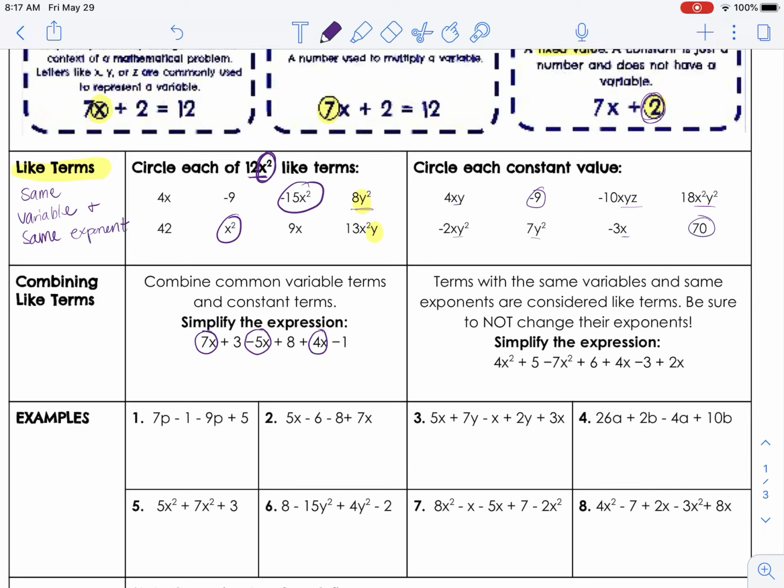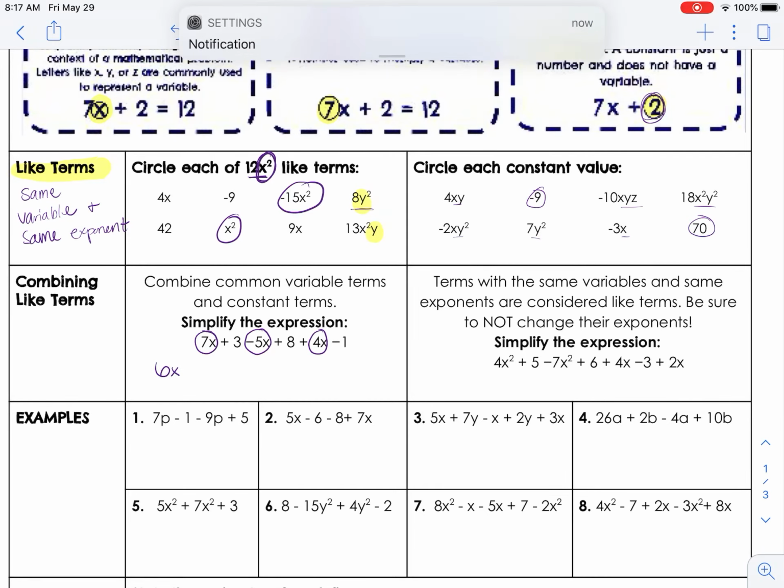I can say positive 7 minus 5x plus 4. So I'm going to take those and combine them. So if I do 7x minus 5x, that gives me 2x. And if I take that 2x plus 4x, I get 6x. Okay, and then I'm going to go in and I'm going to highlight my other terms. So I've got a constant, another constant, and another constant.